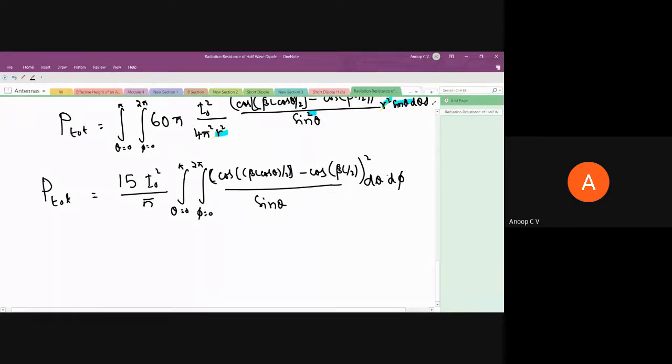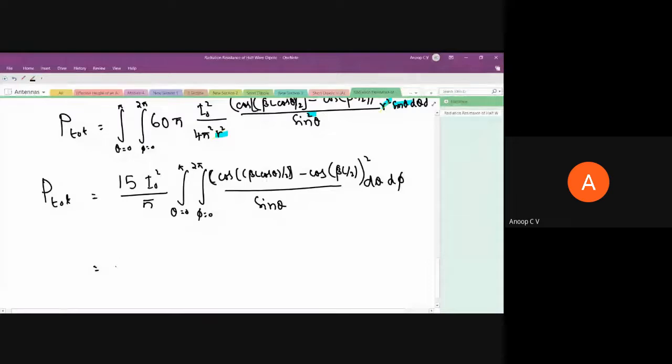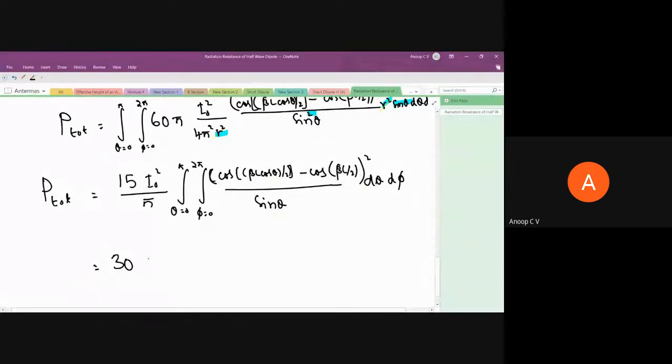If you integrate d phi from 0 to 2 pi, you get 2 pi. Writing that again, 15 into 2 is 30 pi, so we get 30 I naught square, times the integral over theta from 0 to pi.